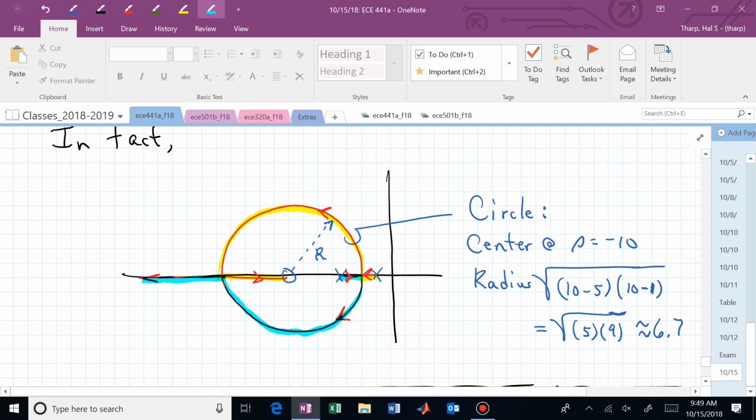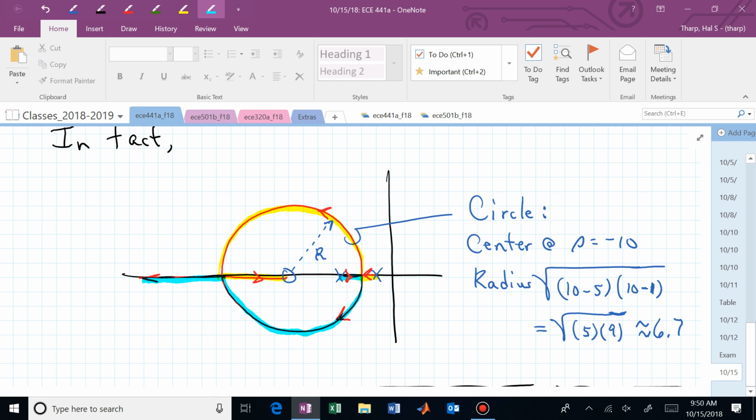So one goes off to minus infinity as we crank up the gain K. The other one goes to, where was that 0 located? At minus 10. But if you have a pattern like this, 2 poles to the right of 1 zero, you know it's going to have that kind of a shape.